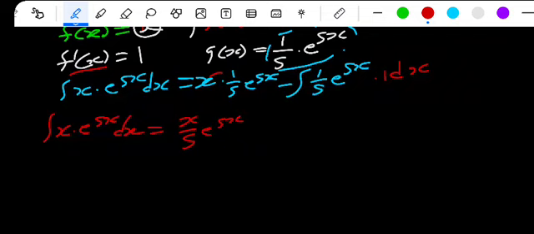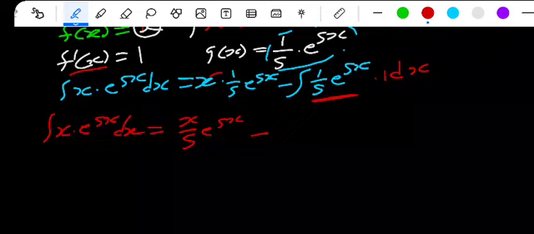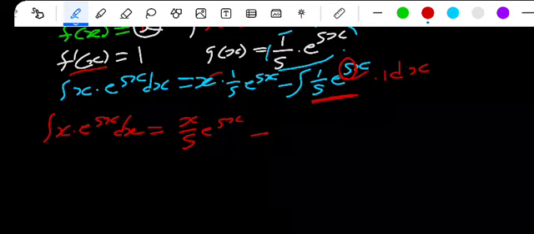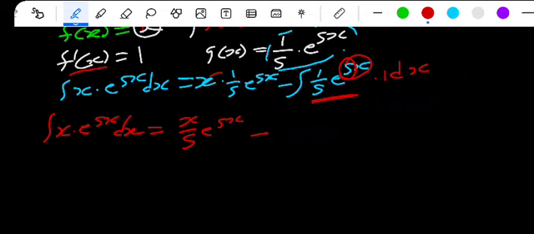All right, then we have here minus the integral of this, now you multiply by the inverse of the exponent. You'll multiply 1 over 5 by 1 over 5, e to the 5x there, plus constant c.